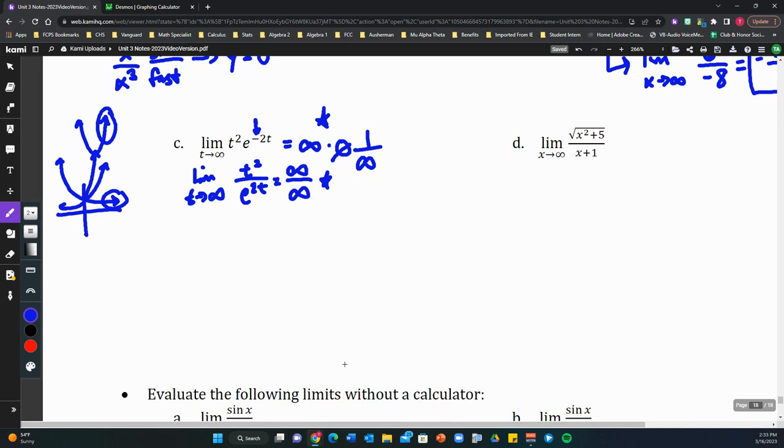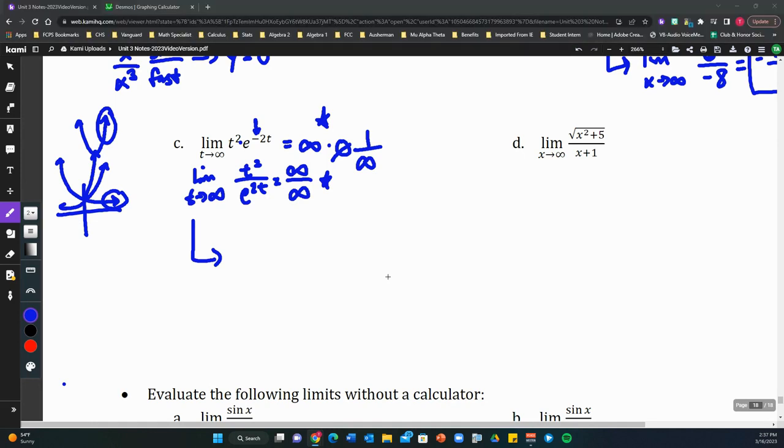I have to apply L'Hopital's to this expression. So let's do that. Anytime you start off with a product, odds are it's either going to work out to be a final answer, so either a finite number, 0, or infinity, or you have to rewrite it into fraction form.